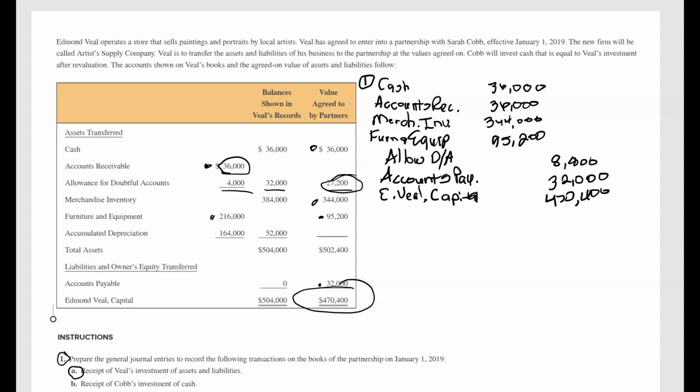Then the second part of this is the receipt of Cobb's investment of cash. Cobb is going to invest the same amount that is the total for Edmund.